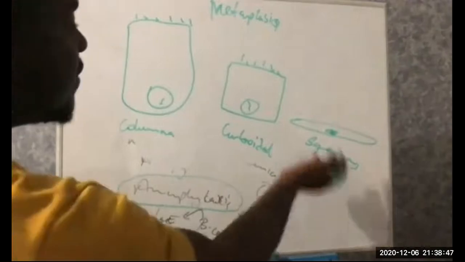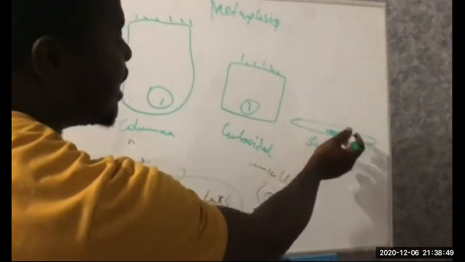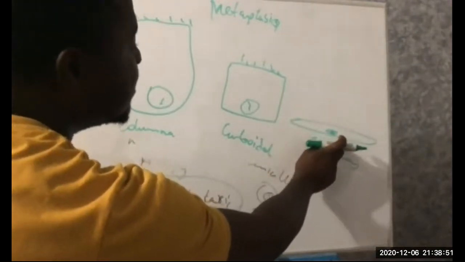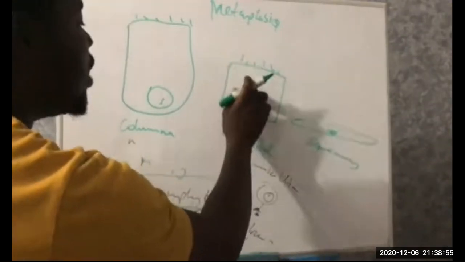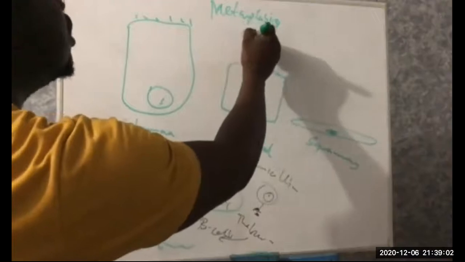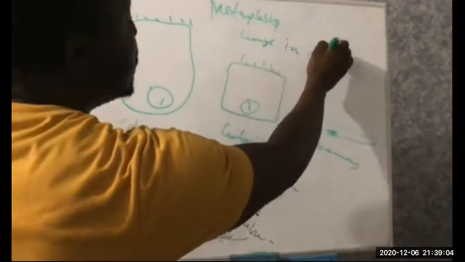Or if they change from columnar to squamous, it's metaplasia. Or vice versa: if the normal cell over there is squamous and it changes to cuboidal or columnar form, we say it is metaplasia. So metaplasia means change in cell form.